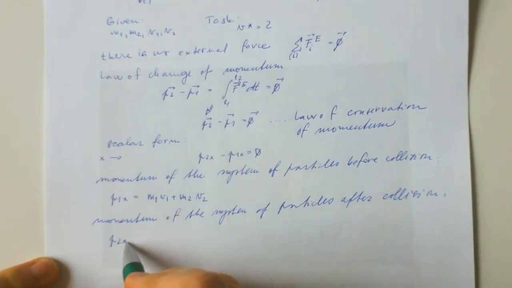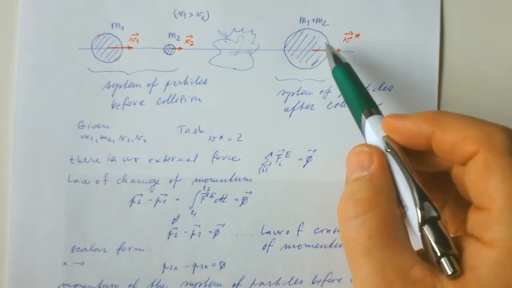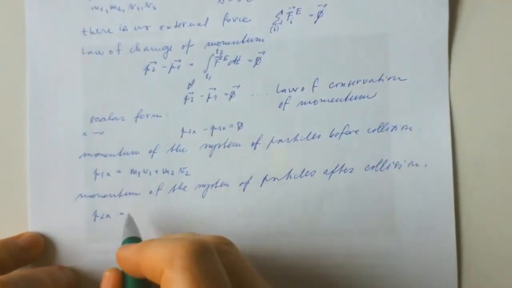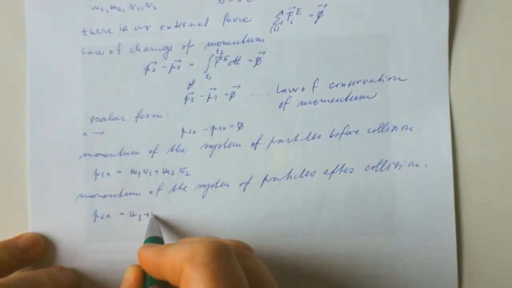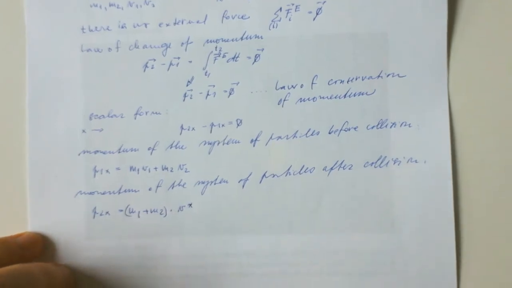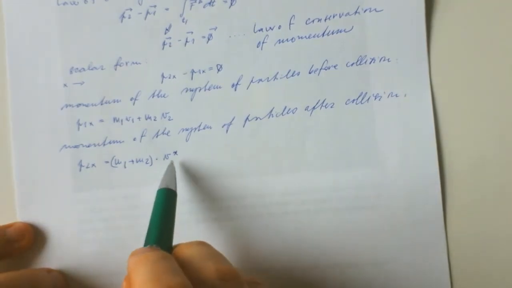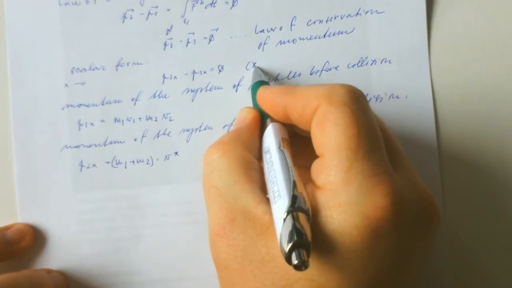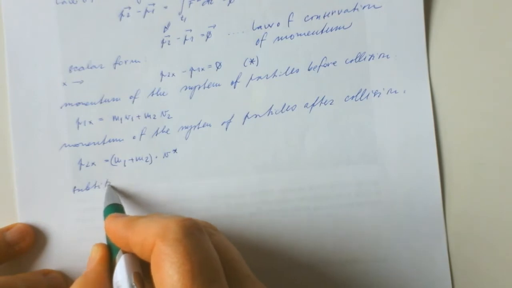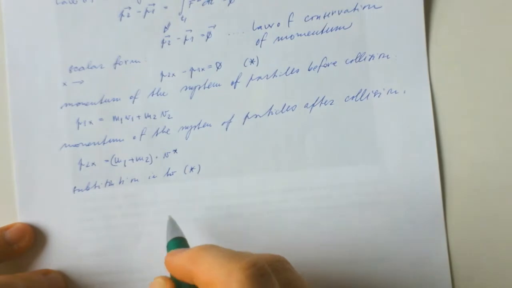It is p2x, and in fact we have only one particle of mass m1 plus m2 and of velocity v star. We can substitute into the star equation.